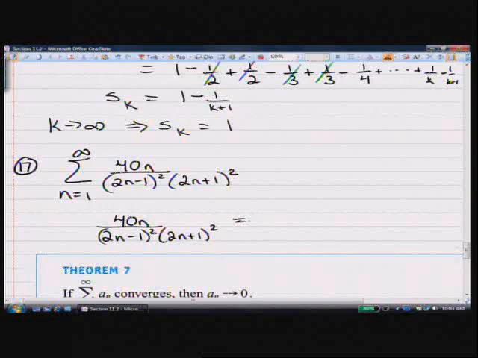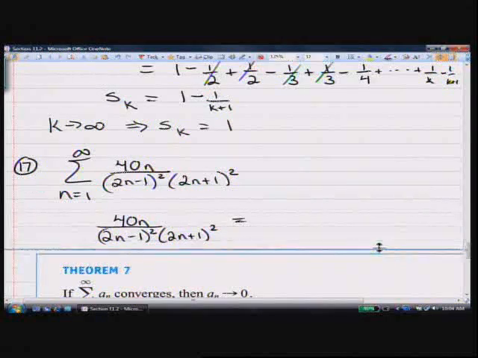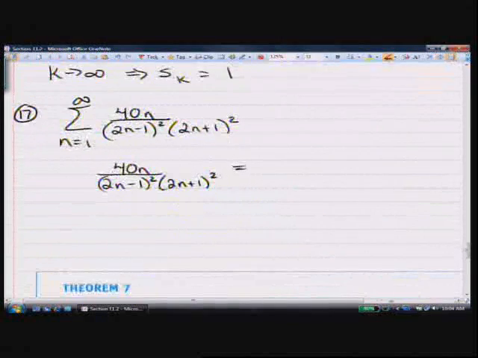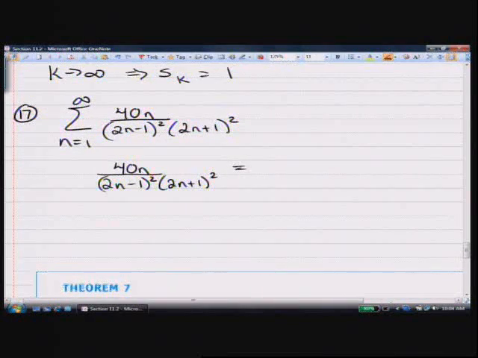You can think of that. Do you guys remember how to decompose this? Brandon, do you remember? Well, you're going to have an A, and it's going to be over 2n minus 1. These are linear factors, so you're not going to have the Bx and the C. That would only be if you had a quadratic.